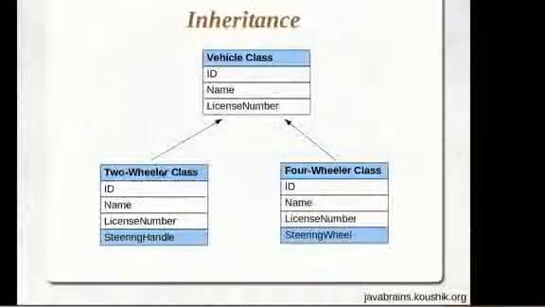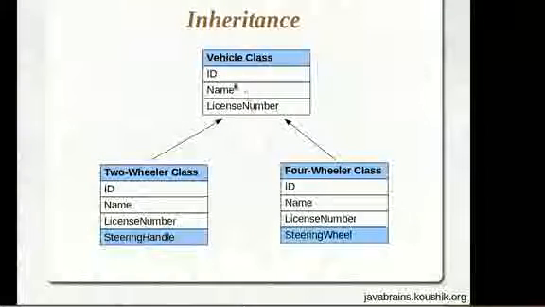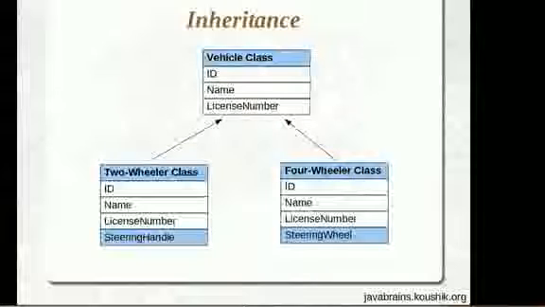Now the two-wheeler class has an extra property called the steering handle, and the four-wheeler class has a steering wheel. Now this is my base abstract class. I'm not going to have objects of this class. I will have objects of either the two-wheeler class or the four-wheeler class, and I'll want to persist them both.